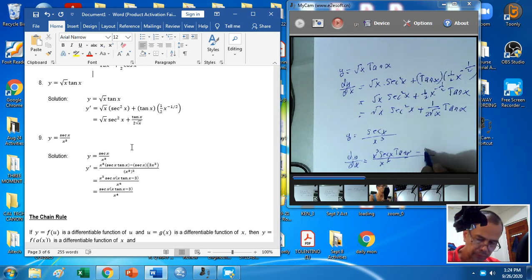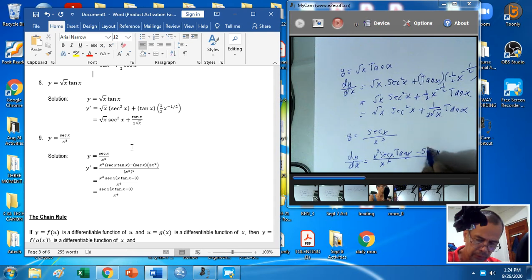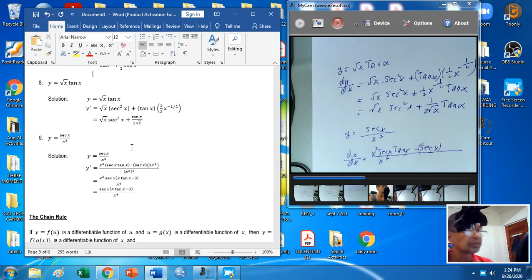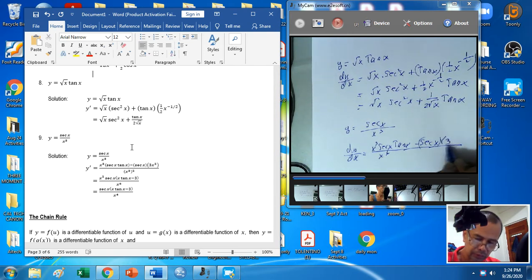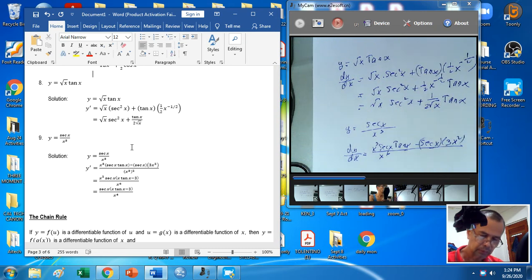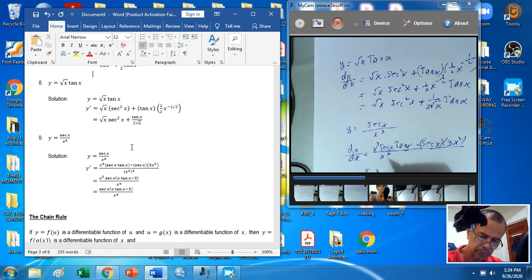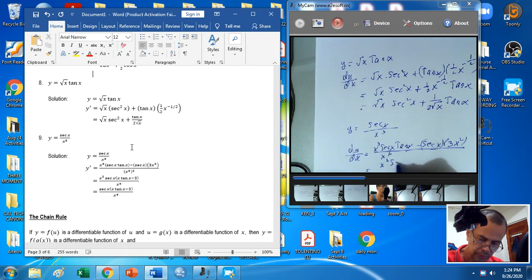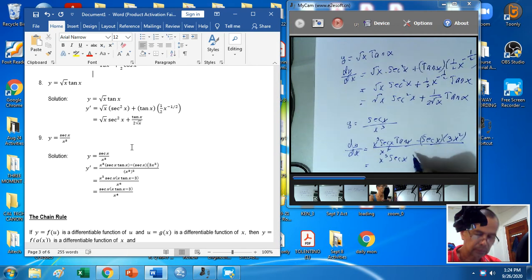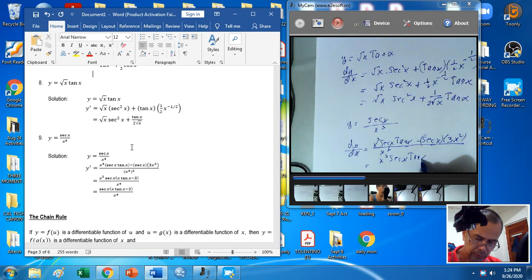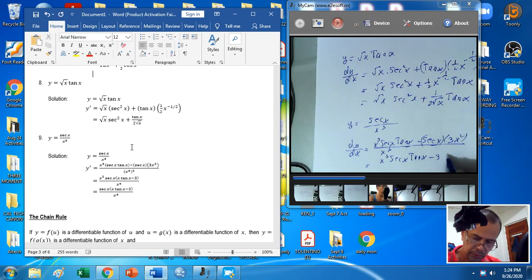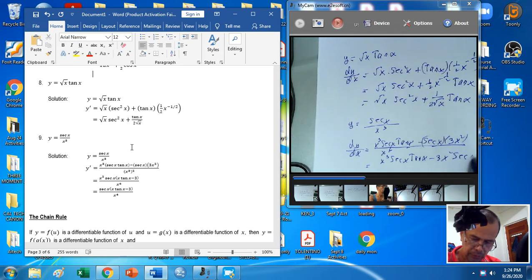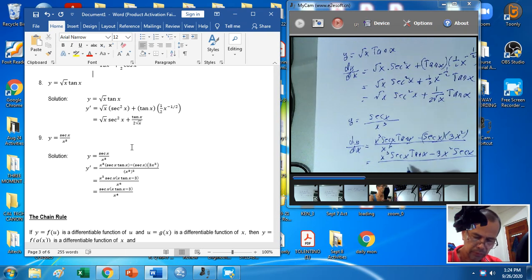Minus, now start with the numerator, secant x times the derivative of x cubed. That is 3x squared. So you will have x cubed secant x tangent x minus 3x squared secant x over x to the 6.